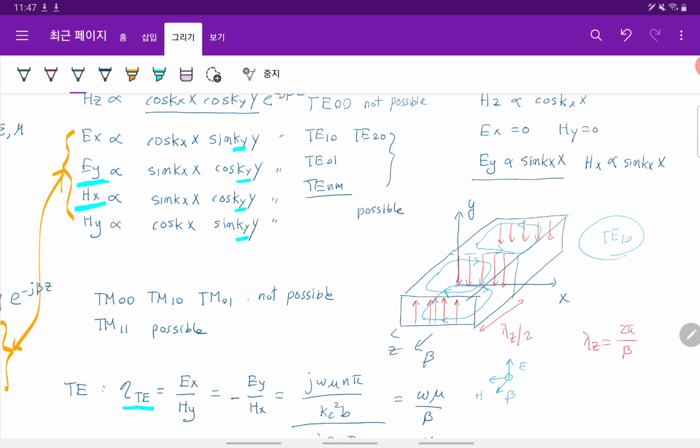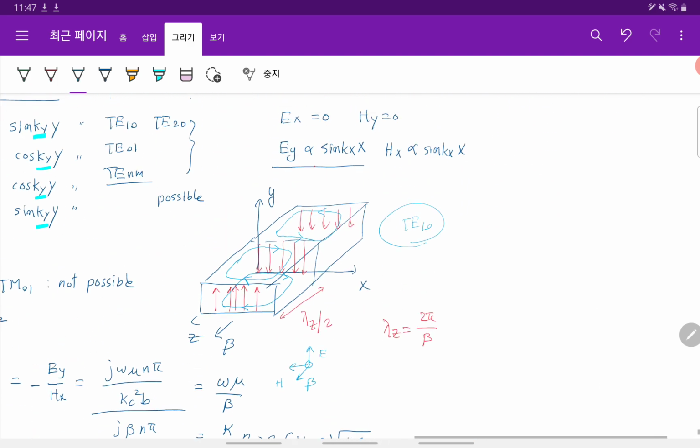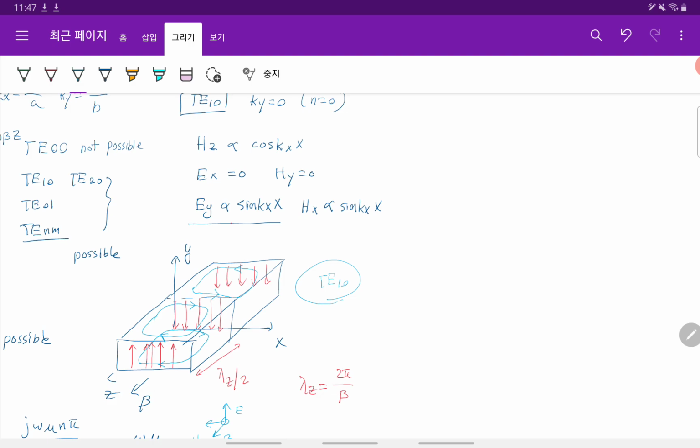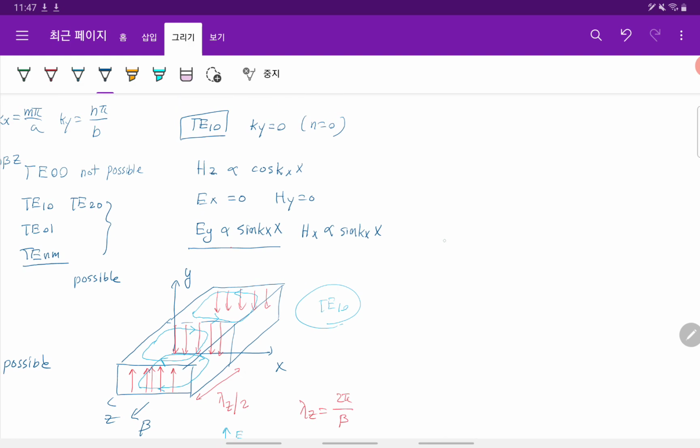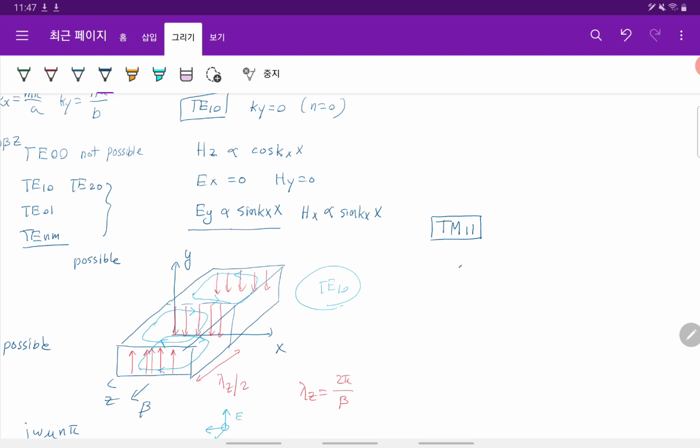So let's see the TM mode. The TM mode with the minimum number of n, m is TM11 mode. So for this case, if you see the TM mode from the parallel plate waveguide, you will understand maybe better.